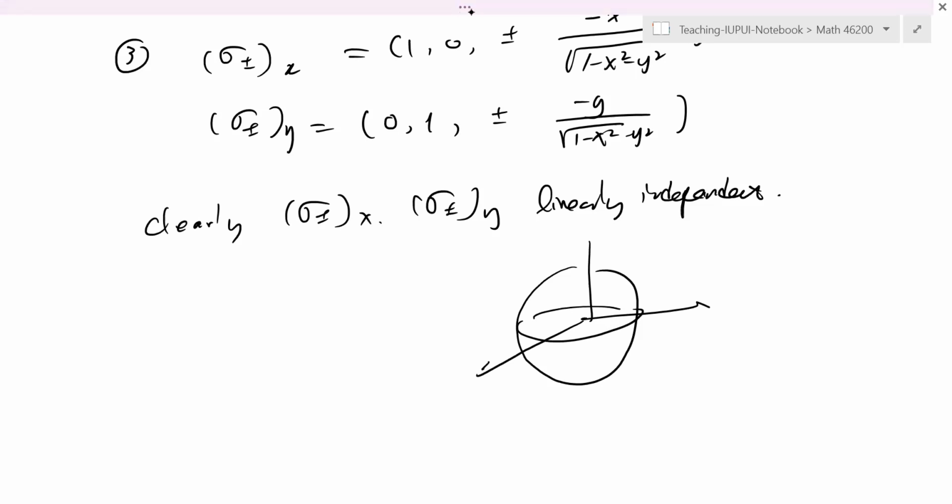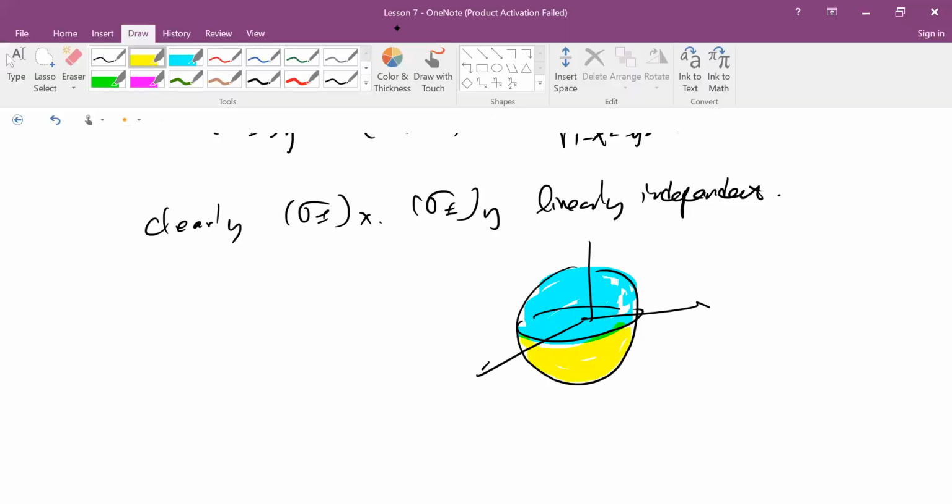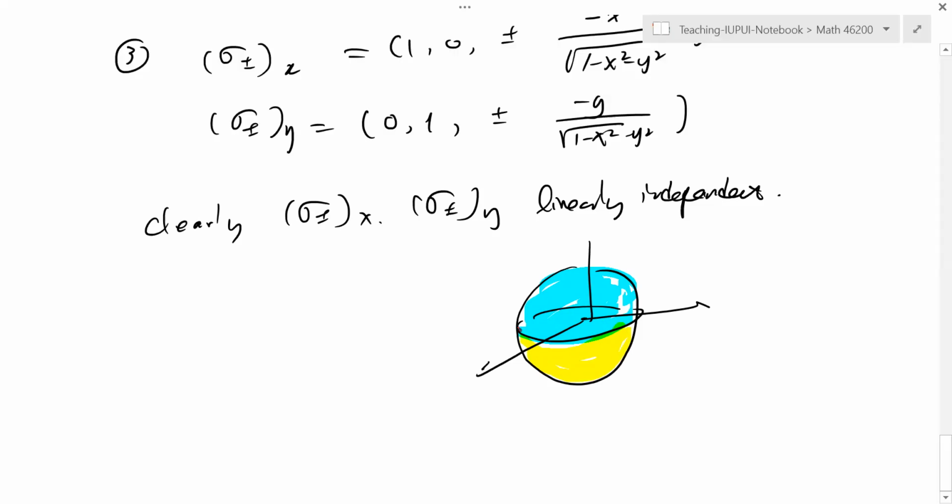Let's use a different color. The upper hemisphere is covered like that, the lower hemisphere covered like that, right? Then we have trouble along this. This is not covered at all.